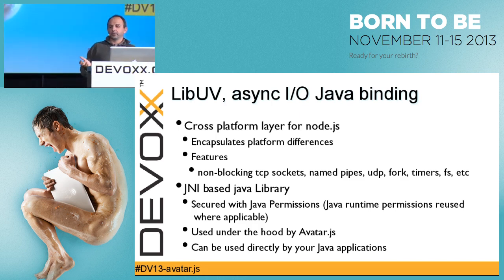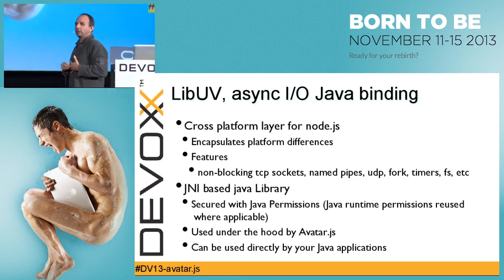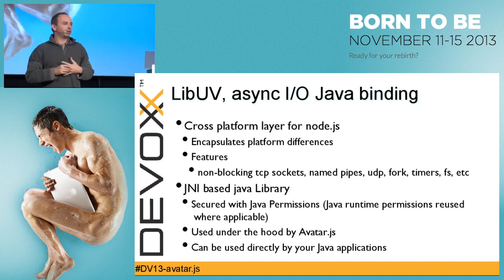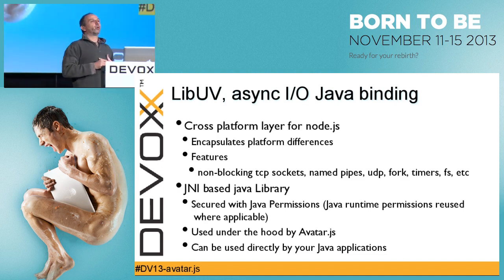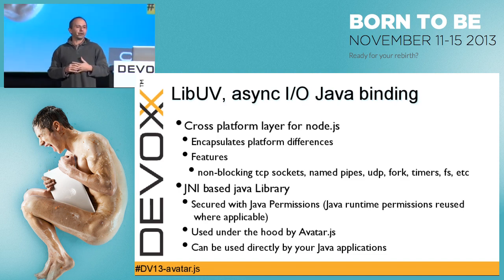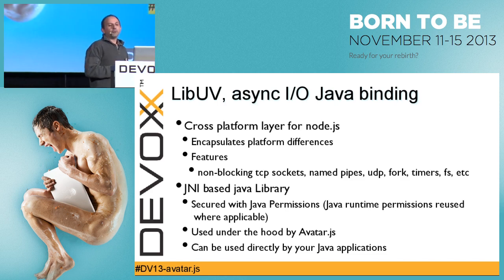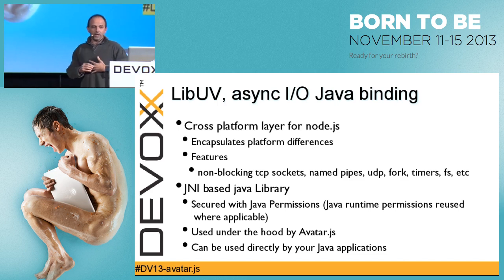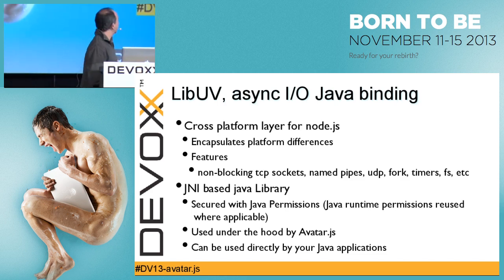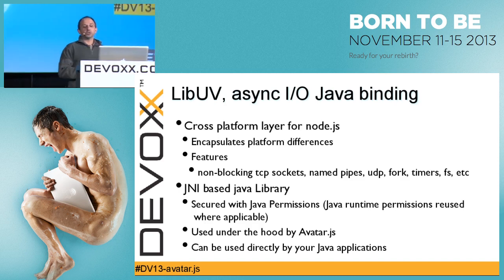So you configure your security, your policy file, the same way for Java or for Avatar.js. Obviously, pipes, for example, are something that is not present in Java, so we have defined a new permission required to use these features.